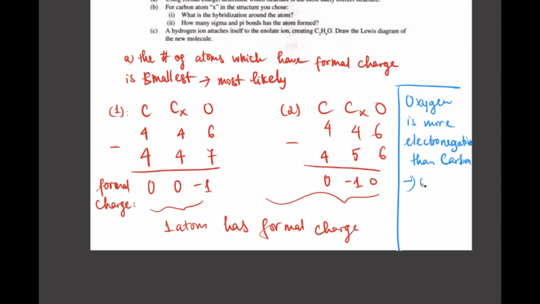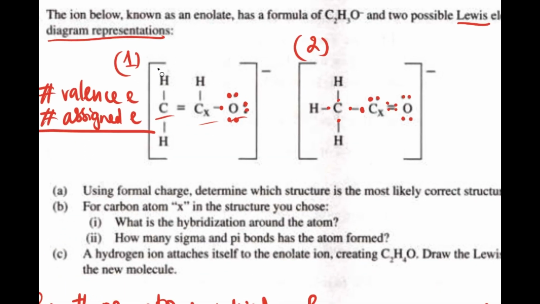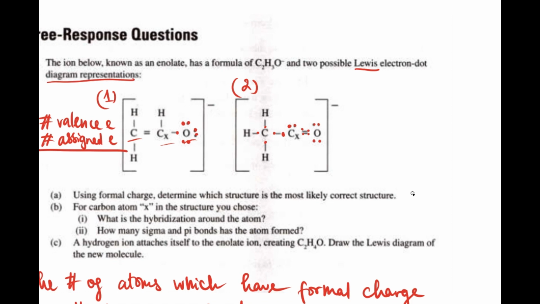So oxygen will be more likely to hold a negative charge. And looking at this, you can see that this case is much more likely. So you can see that the right diagram would be the first one, right? So the correct structure would be the structure on the left.